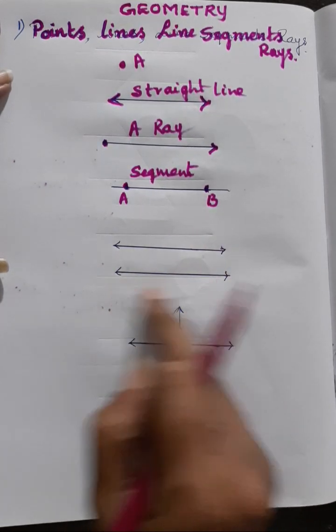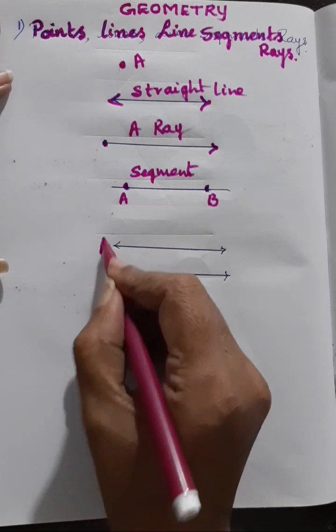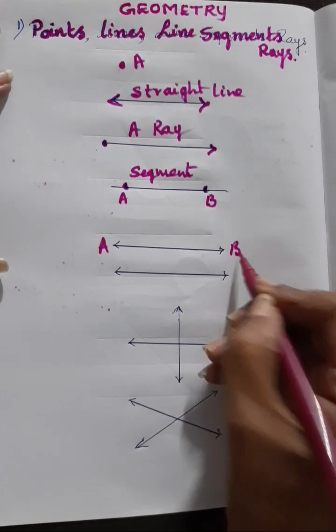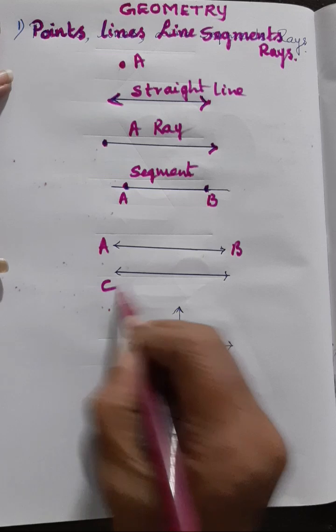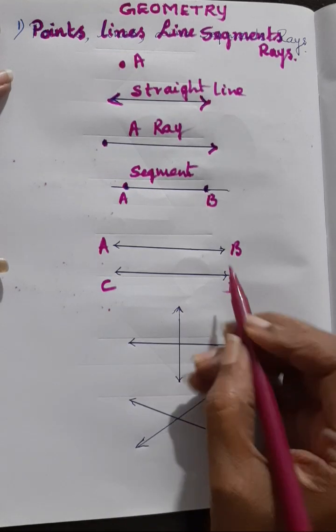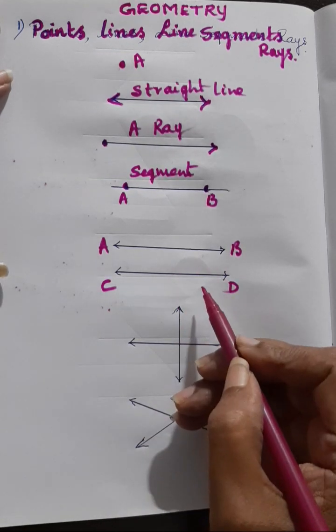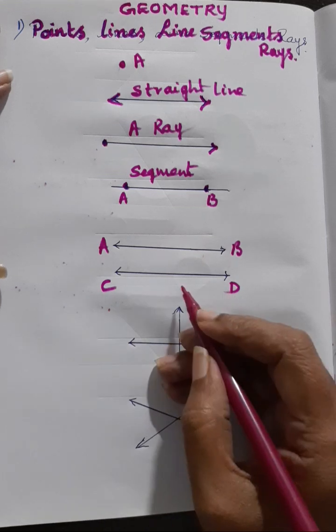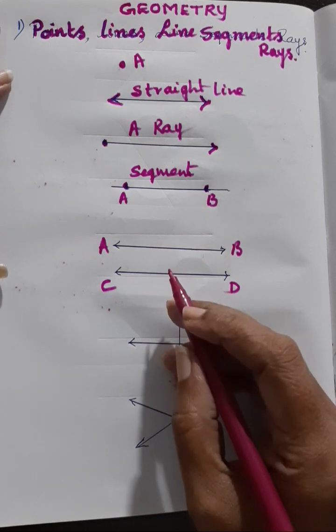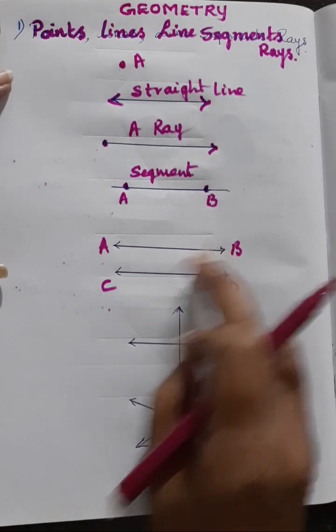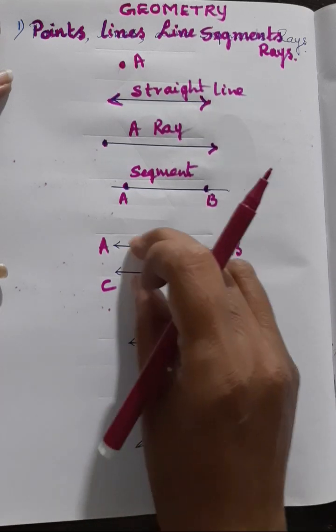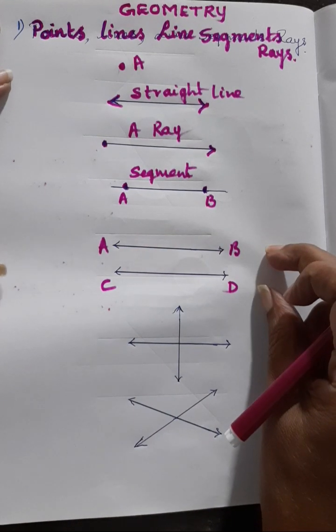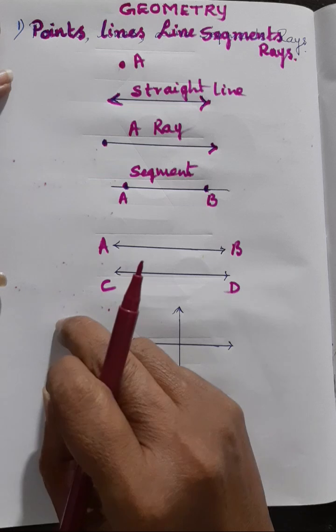Next, parallel lines. So this is A, B and this one is C, D. So parallel lines means what? These two lines will never meet or intersect.